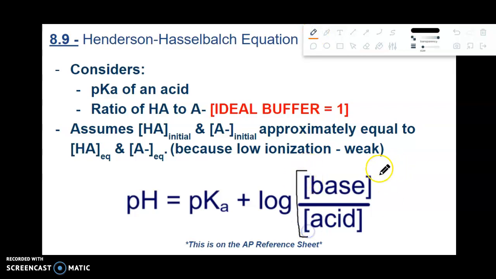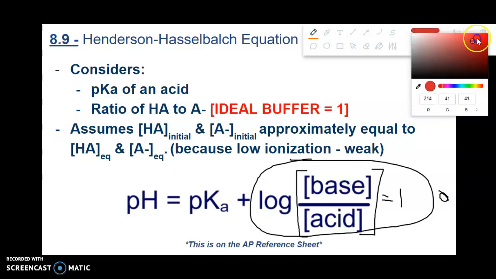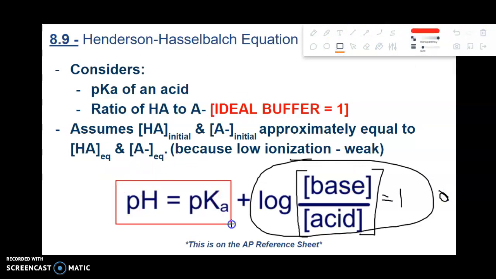If this ratio is equal to 1, like an ideal buffer would be, then the log of 1 is equal to 0, which means we have a mathematical relationship here that if the ratio of acid to conjugate base is 1, then the pH is equal to the pKa. That is the buffer point on the graph. That's your half equivalence point. So that's going to be super important for you to recognize. But if the ratio is not 1, then we can plug into this equation.